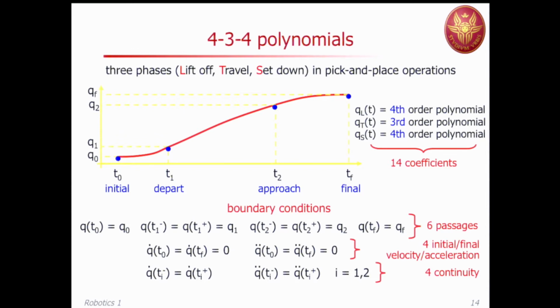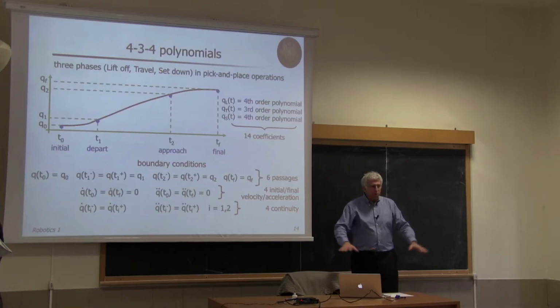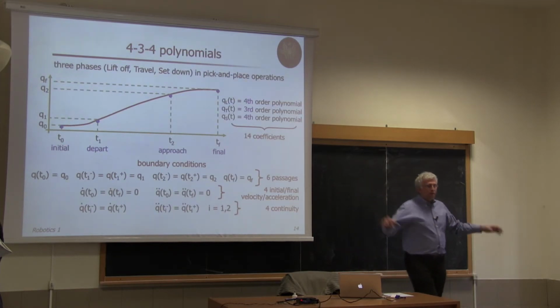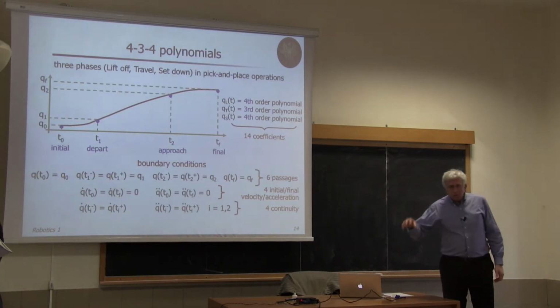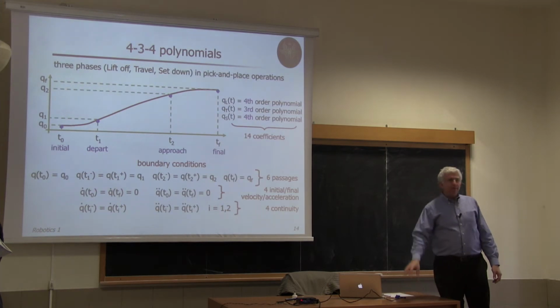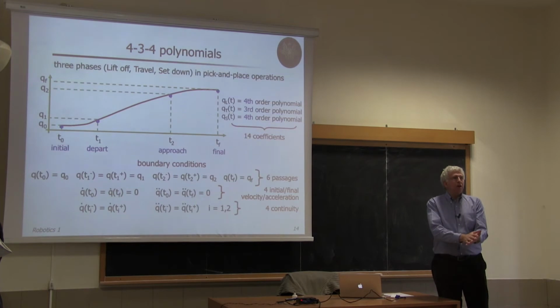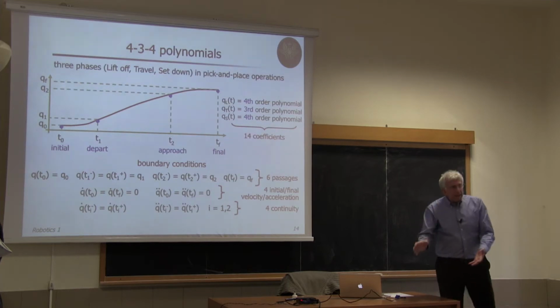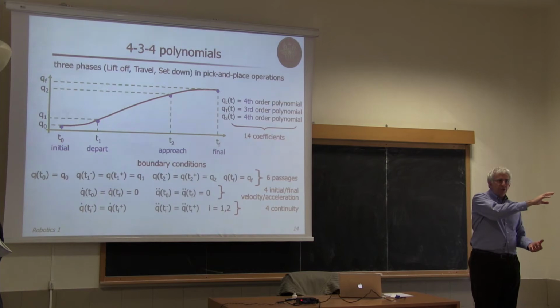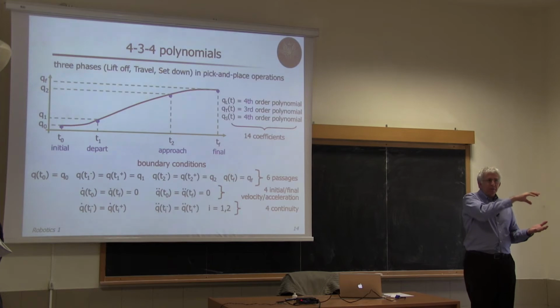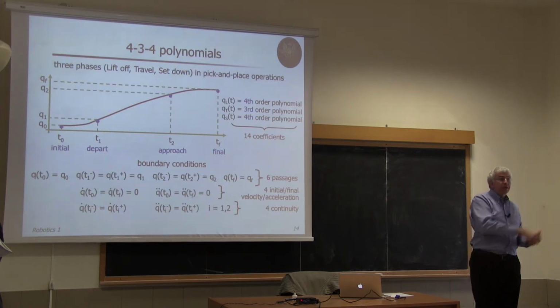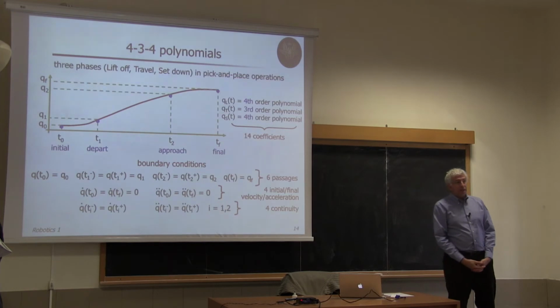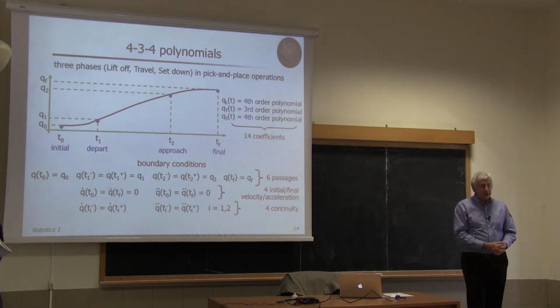Now this pick and place operation typically involves some support, some table, or some conveyor belt. So the robot should start and very carefully move out because it's in contact with the object, with the environment. So it should start from that place and detach or depart. Then it can make the large motion, and then when approaching should have another via point before getting to the final point where probably the object that it is holding will be in touch with the environment.